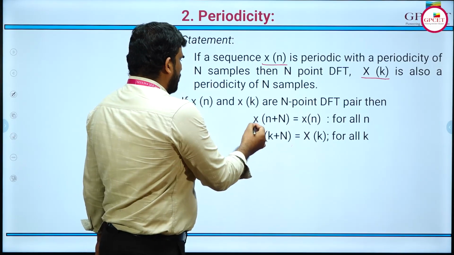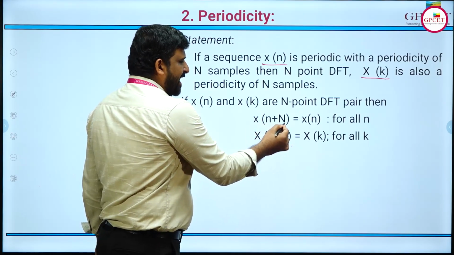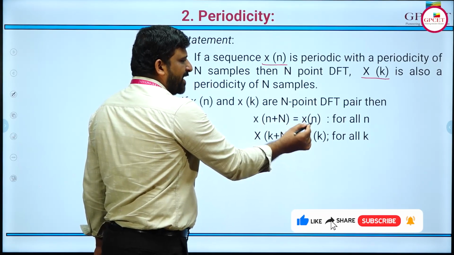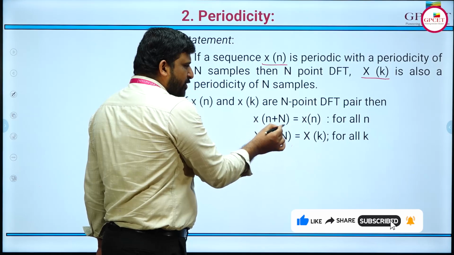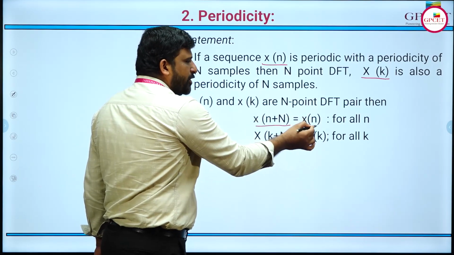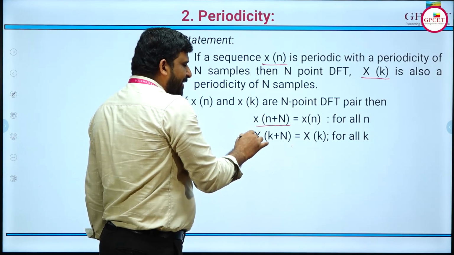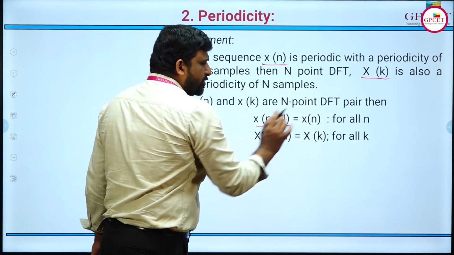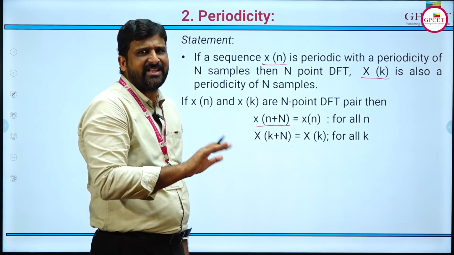That means x of n plus capital N is equal to x of n. Similarly, X of k with N samples period should produce X of k.